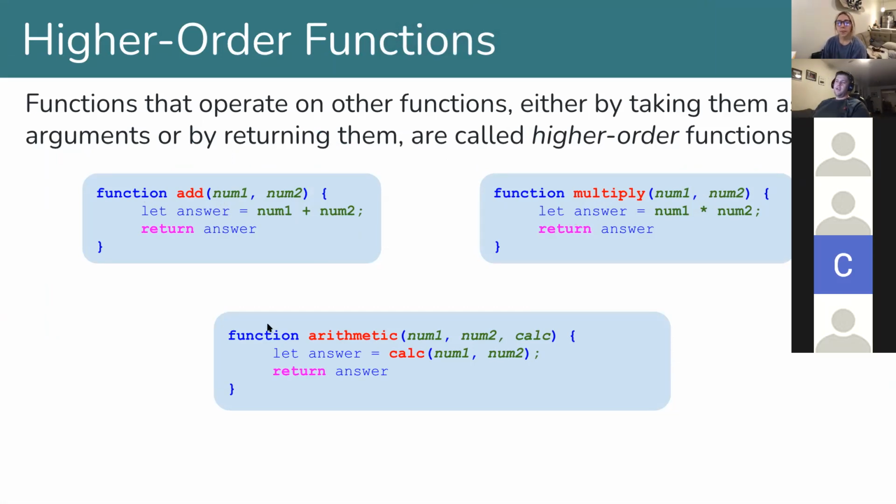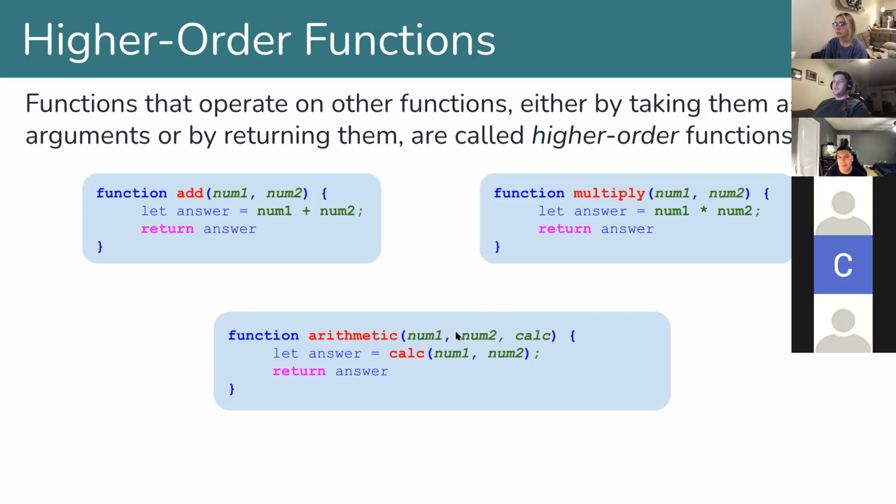And then we could have a function called arithmetic or calculator, and it's taking in two numbers, but it's also taking in a calculation variable here, or parameter, and that could be any number of things. But in our case, we're going to feed it in as a function, and then we can let answer be calculation of num1, num2.